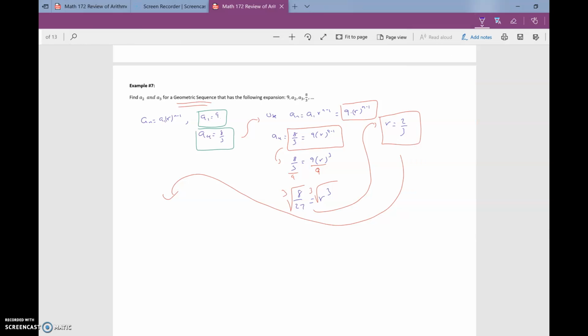So a sub 1 is equal to 9, then a sub 2 is equal to 9 times r, or 9 times 2/3. In this case, that's going to be 6 for the next value.